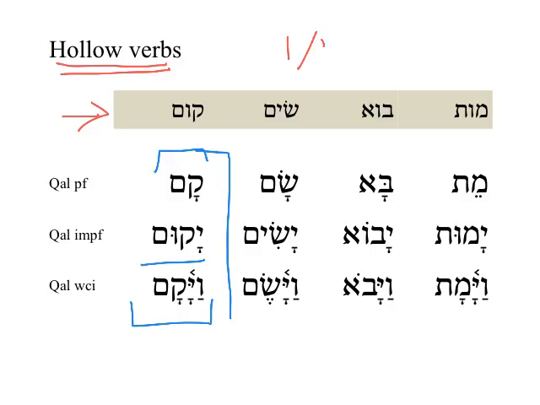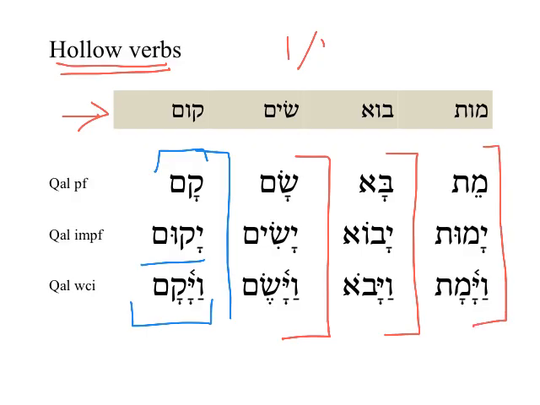And we see similarly with some of the other verbs, like sim, to put or to place, or bo, to come, or mut, to die. And we can see that in the perfect form, these are hollow, the middle root letter drops out.